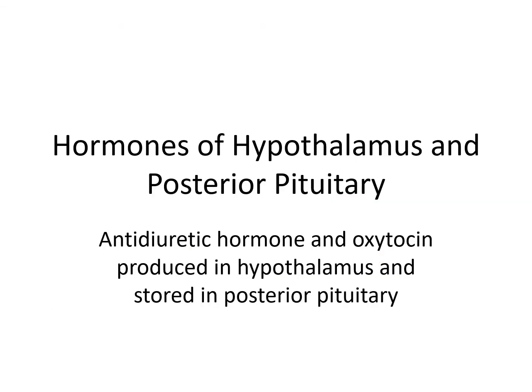So let's first look at the hormones of the hypothalamus and the posterior pituitary. These include the antidiuretic hormone and oxytocin, which are produced by the hypothalamus, but they're stored in the posterior pituitary. So again, they're produced by the hypothalamus and they're stored in the posterior pituitary.